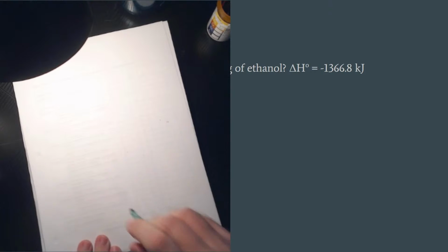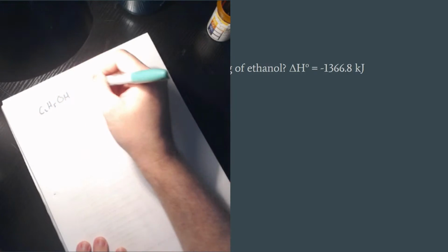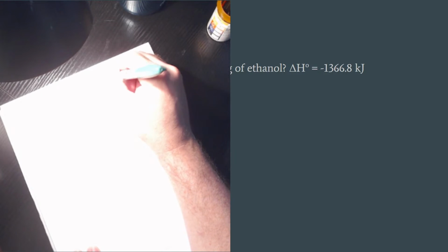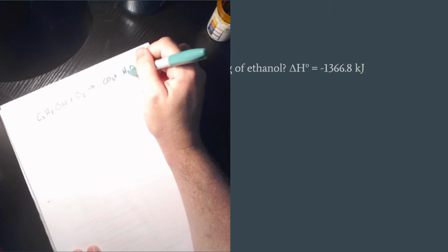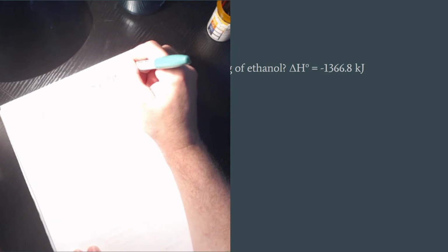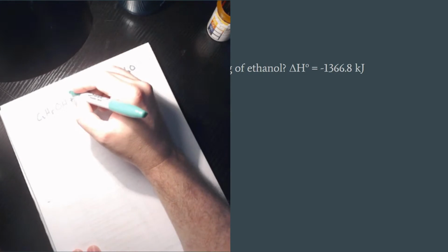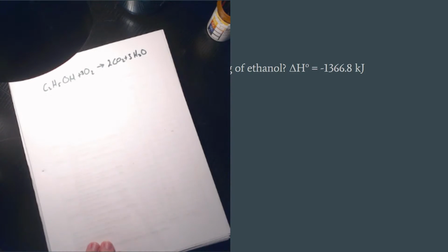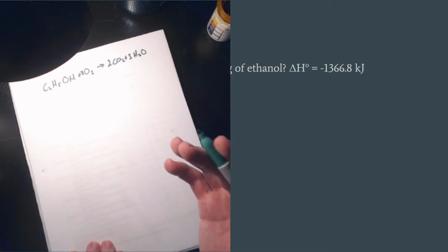Ethanol is C2H5OH, and that reacts with oxygen to produce CO2 and H2O. 2 of these, 3 of these. That means we have 4 plus 3 is 7, so we're going to need 3 oxygens there. All right, so there's the balanced chemical reaction. 1, 3, 2, 3.